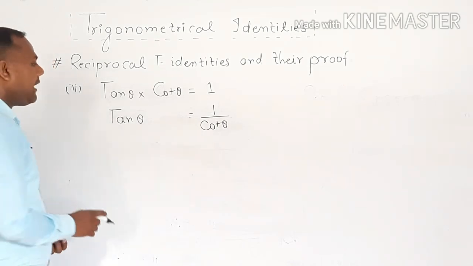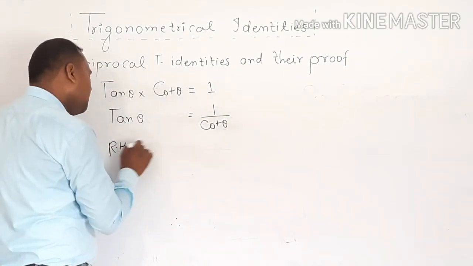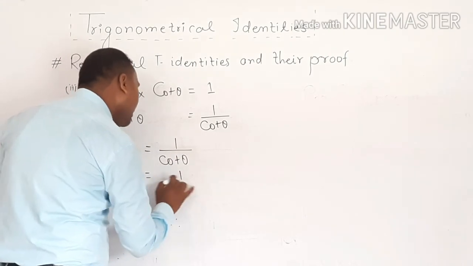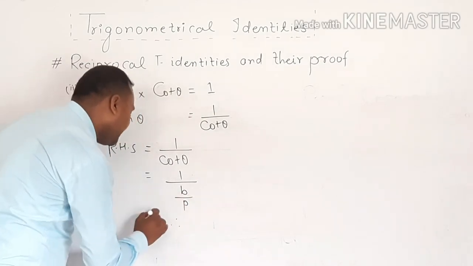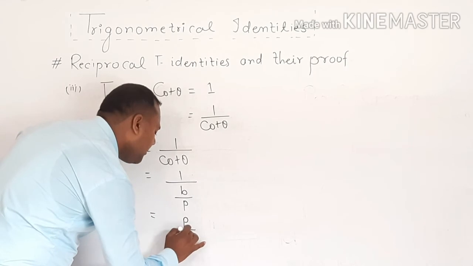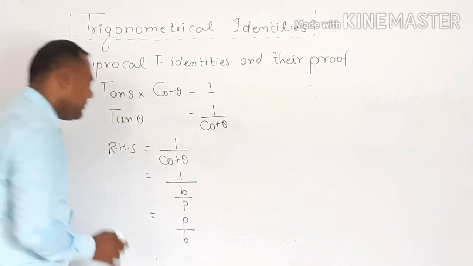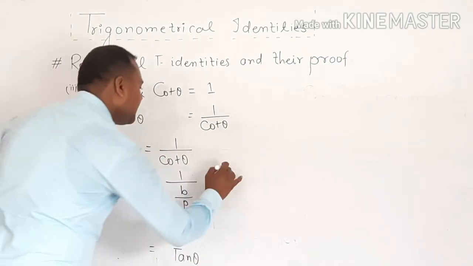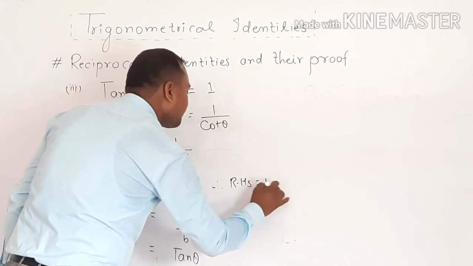Hence we take RHS first, and RHS will be equal to 1 upon cot of theta. 1 upon cot theta means 1 upon b upon p, and after that it will change into p upon b. Then p by b is the form of tan theta. That means it's equal to tan of theta. Therefore RHS equal to LHS.